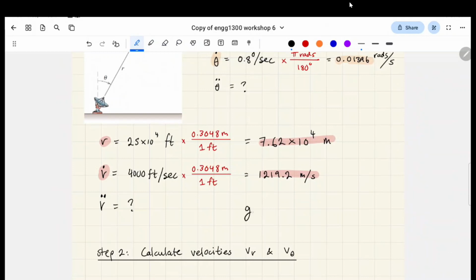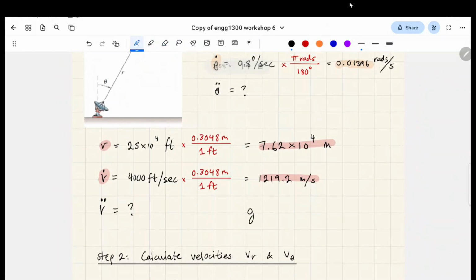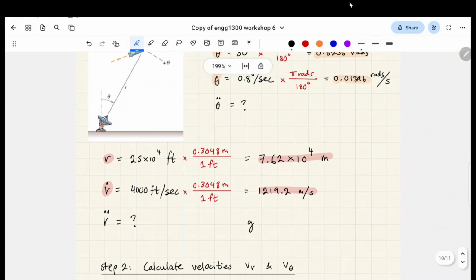One more thing I want to mention is g, right? So g, the acceleration due to gravity, is not equal to 9.81 in this particular question.